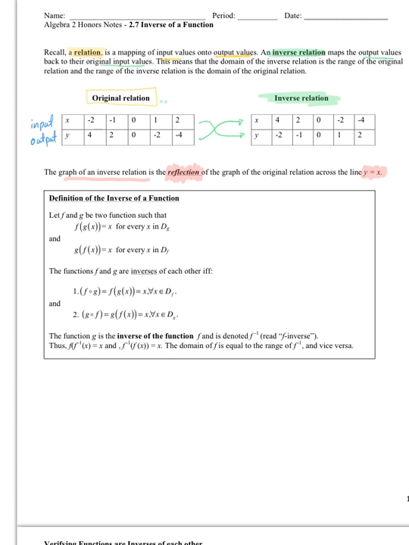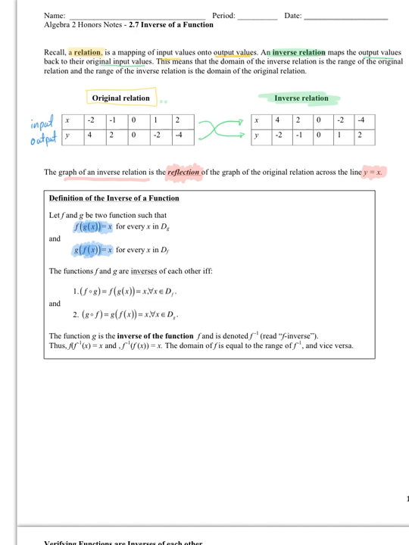So the definition: if f and g are two functions, such that if we take the composition f composed with g, and we take the composition g composed with f, so we're taking the composition in both directions, both of those will equal x for every x in the domain of g and in the domain of f.